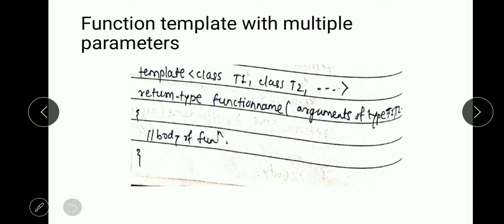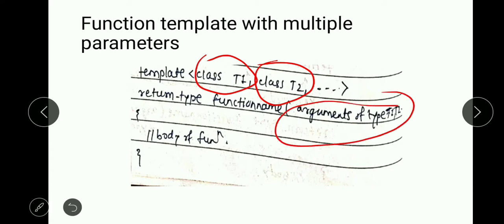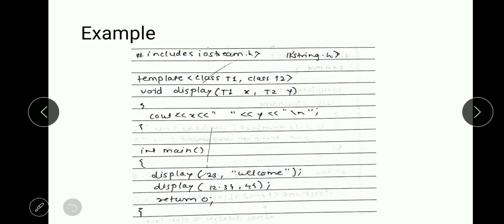For that we have to declare the variables of type class, t1, t2, t3 and up to tn, and we have to pass those t1 to tn template variables inside the program. So for example, suppose we take two variables, that is t1 and t2, and we use the same variables over here, that is t1 and t2.